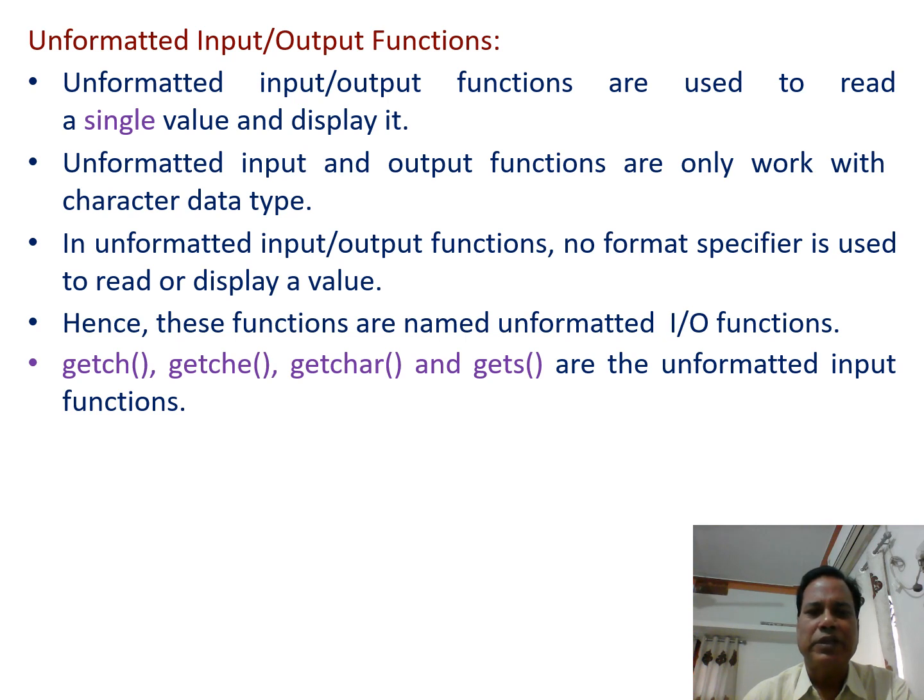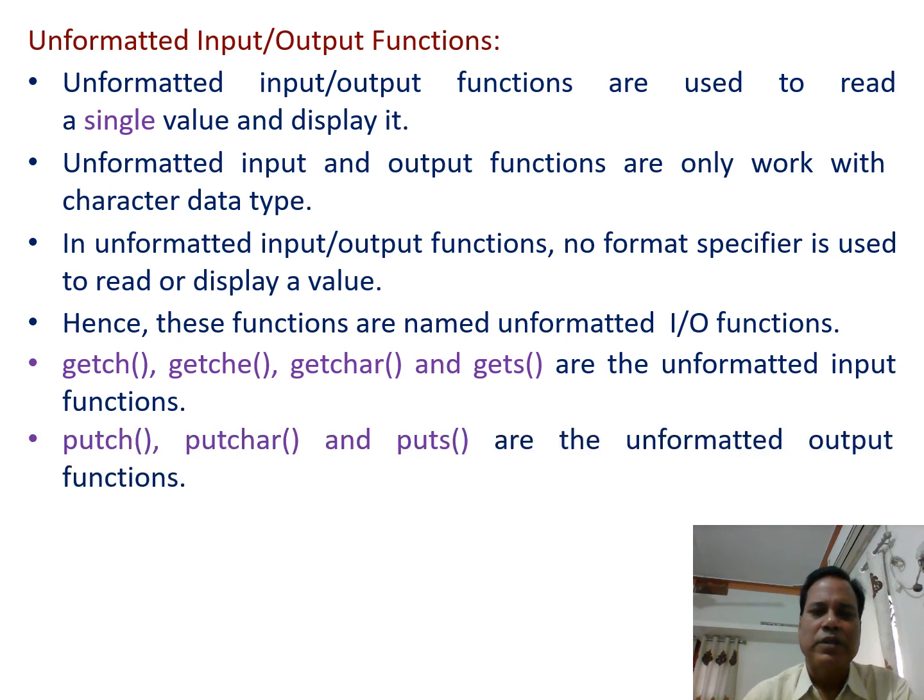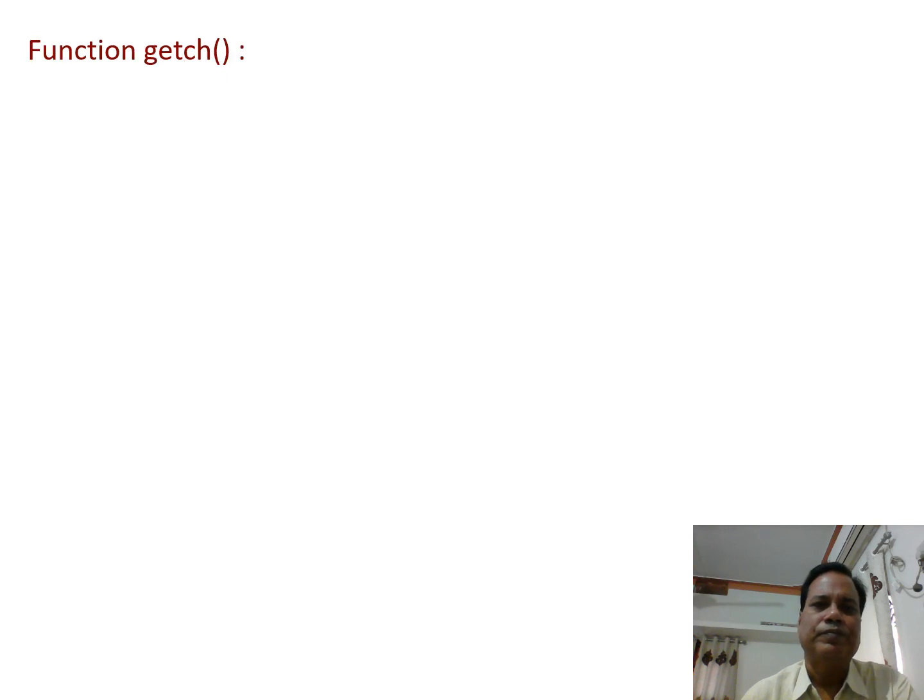getch, getche, getchar, and gets are the unformatted input functions. Similarly, putch, putchar, and puts are the unformatted output functions. So these functions we have to discuss now.